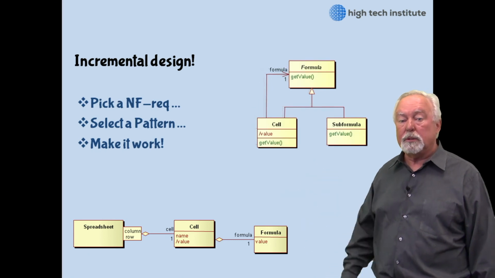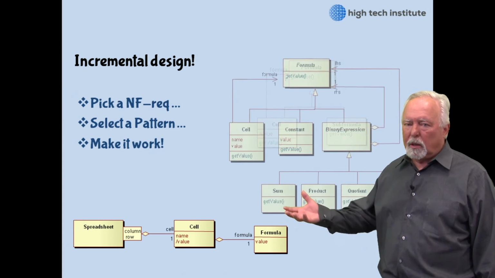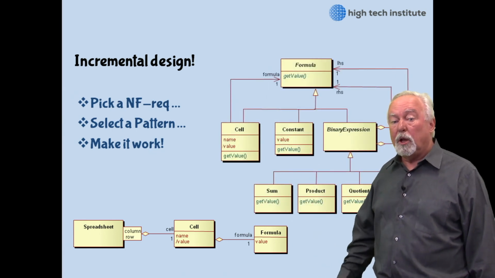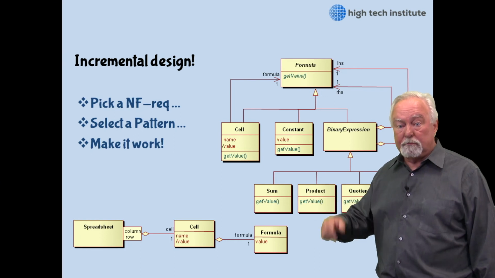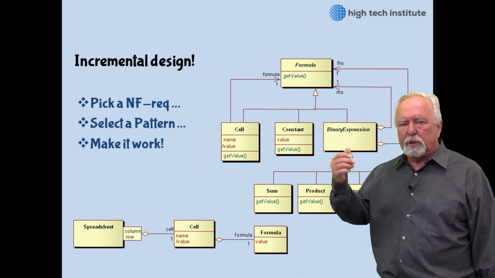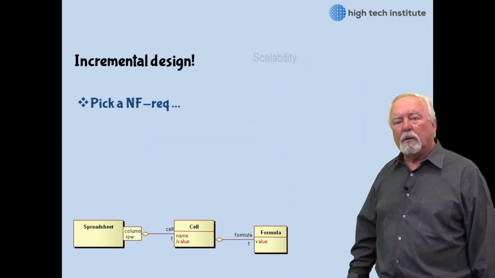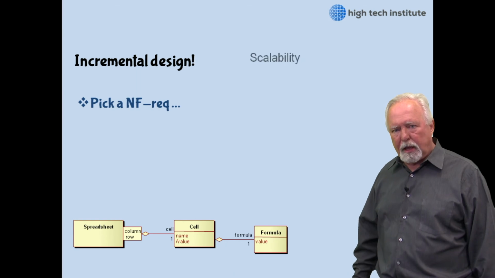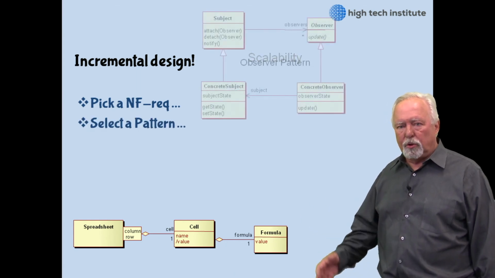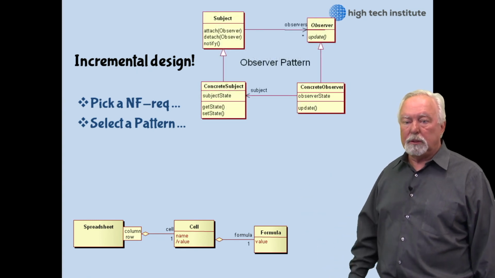Scalability, for instance. Because cells can change, cells may be affected by the change in another cell, so you use the Observer pattern. So scalability leads to the selection of a pattern, namely the Observer pattern. And again, you integrate that into your design, so you make cells observers of formulas.